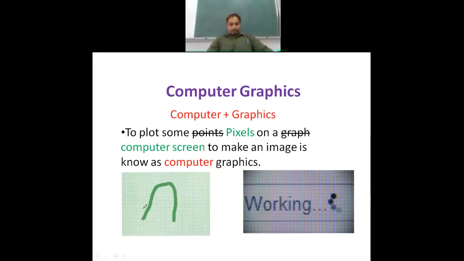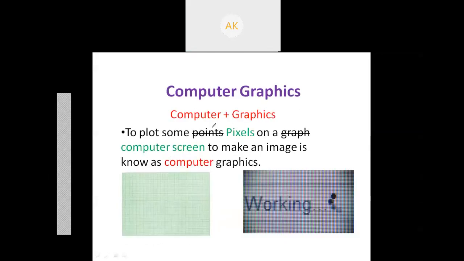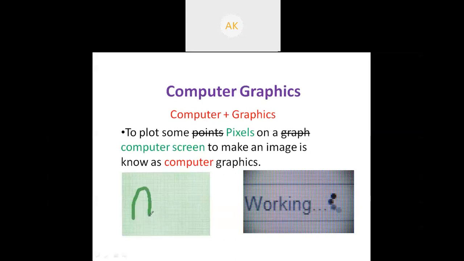Suppose here we are plotting points on a graph to make an image like this. Here, let's see, I'm plotting points on a graph. And in computer graphics, we are plotting pixels on a computer screen. This is the simple definition of computer graphics.